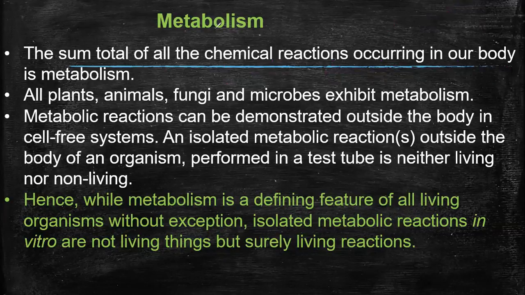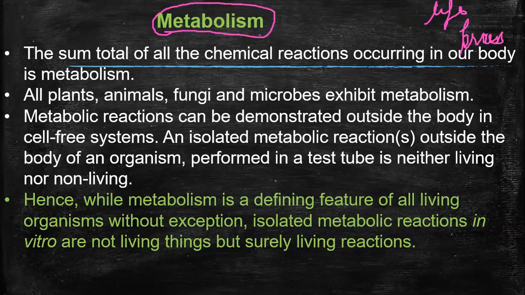So all living beings have metabolic life processes, certain processes inside their body. All these are given the term metabolism. Clear? These activities are known to be metabolic activities. So another characteristic of life is metabolism. All living organisms are made up of what?